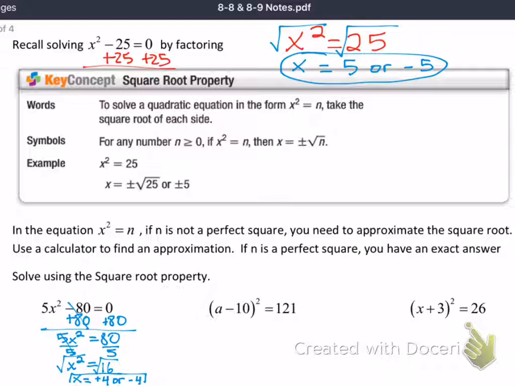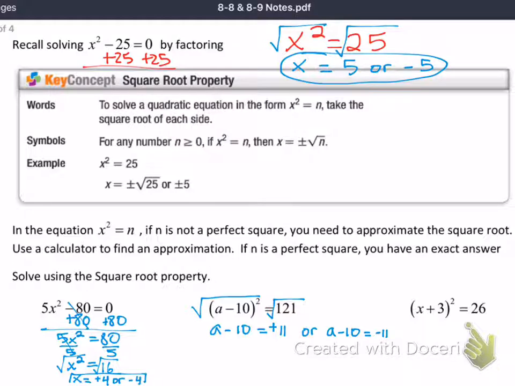Let's look at this second one here. I have a minus 10 squared is equal to 121. Now, I cannot add the 10 because of this exponent here. So what I can do is I can get rid of the exponent. How can I get rid of that? I can square root this whole thing, and I have a minus 10 equals, now this gives me two answers, a +11, or I can have another equation, a minus 10 equals -11.